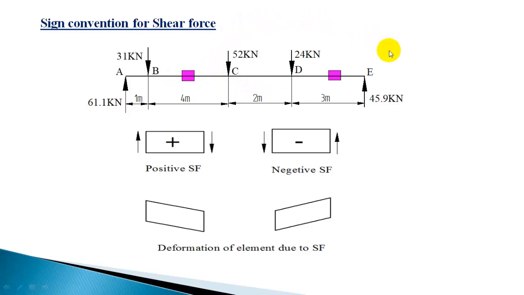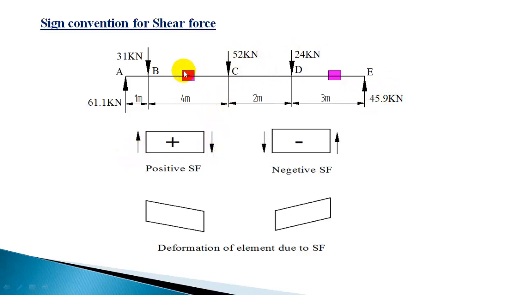Now if you take the right side summation also, you get 52 is there, 24 is there, both are downward. So you get 76 downward and 45.9 upward, and this summation also should give the same magnitude, that is 30.1, that should be downward. This is more and this is less, so the resultant is downward.